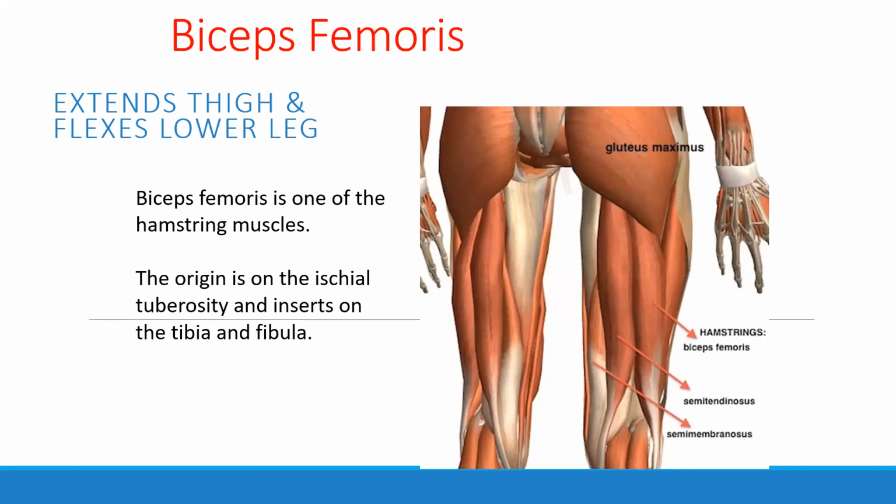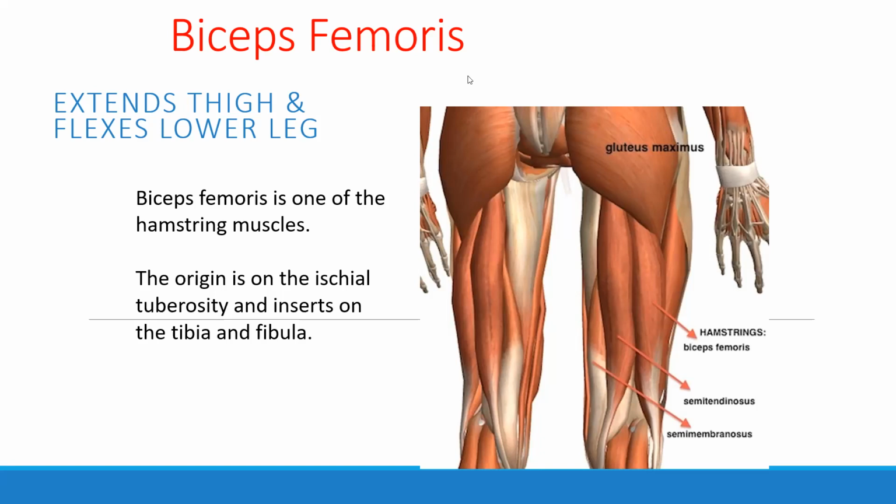You stick the thigh out, and you flex the lower leg, so you bend the leg back. So it's just the exact opposite of what the quadriceps do. The quads are going to extend the lower leg, kicking that football. The hamstrings are going to bend the lower leg and bring it back, so you can kick it again.